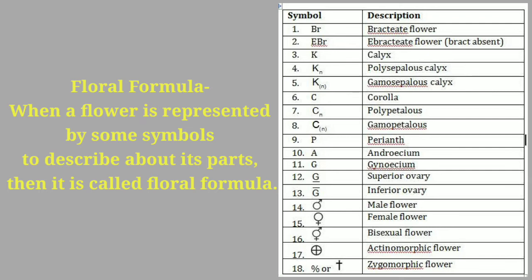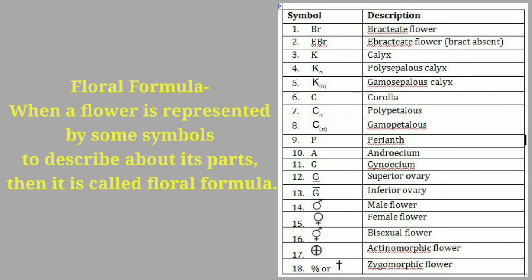Now comes another important point, which is symmetry. We know that there are 3 types of symmetry, but in this case only 2 are used. When the flower is actinomorphic, that means the flower can be divided into 2 equal planes. With the symbol, you can see that a plus sign is given. That means 4 equal parts can be obtained from that particular flower. So that is the symbol for an actinomorphic flower.